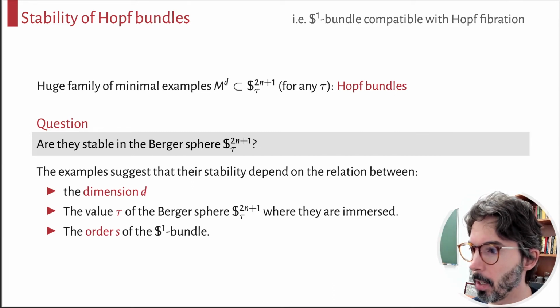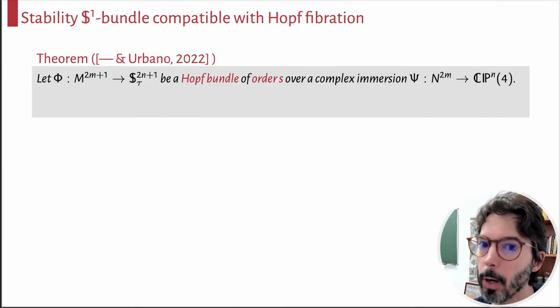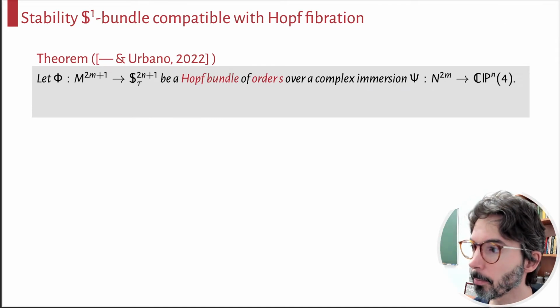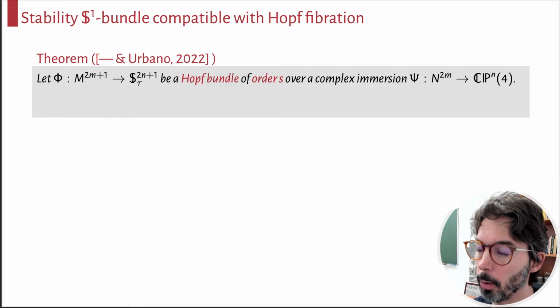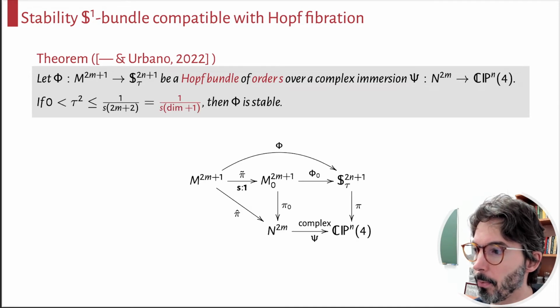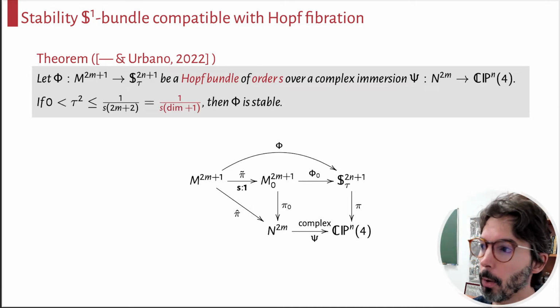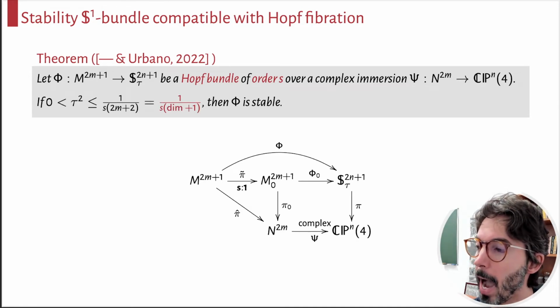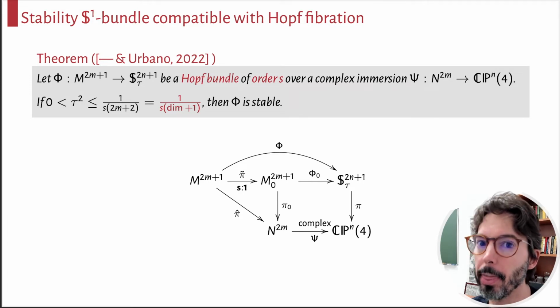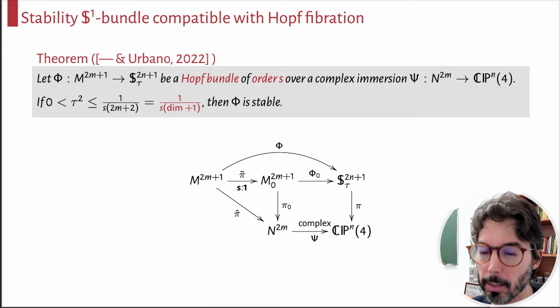So the first main result is the following: if I consider an immersion of a Hopf bundle of order S over a complex immersion, then if the parameter tau squared is between 0 and 1 over S times (dimension plus 1), then our immersion is stable.